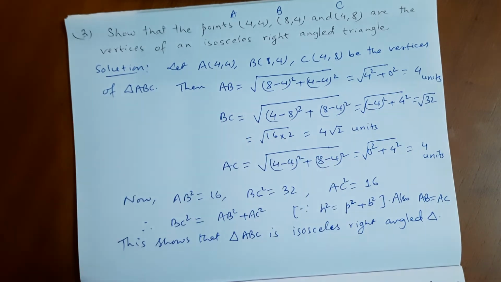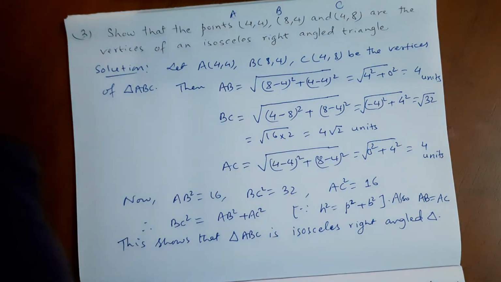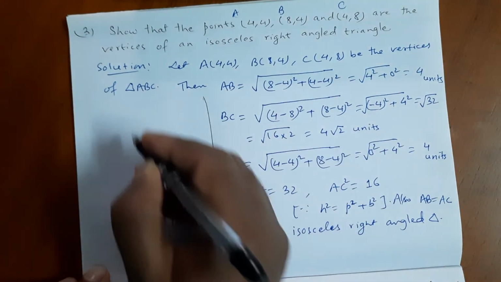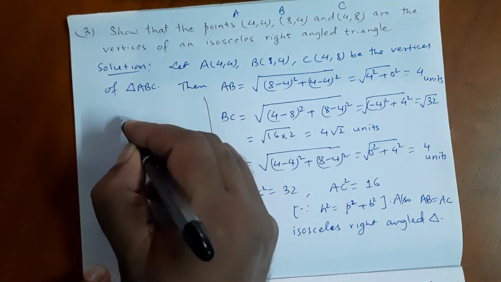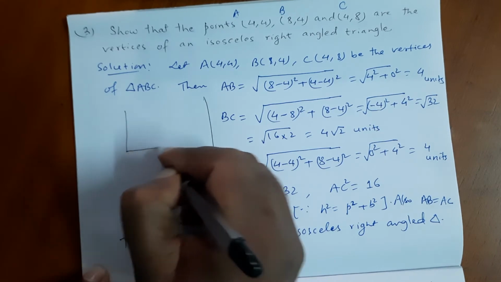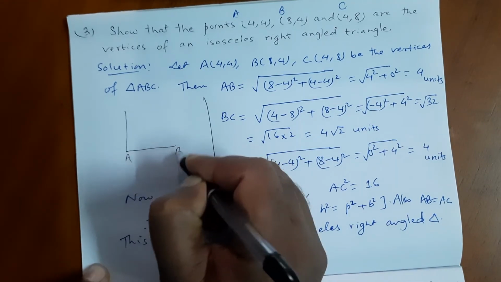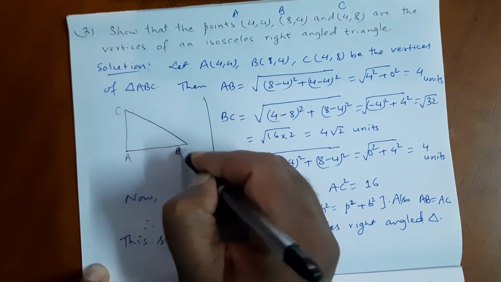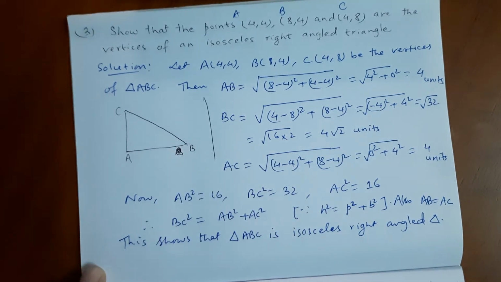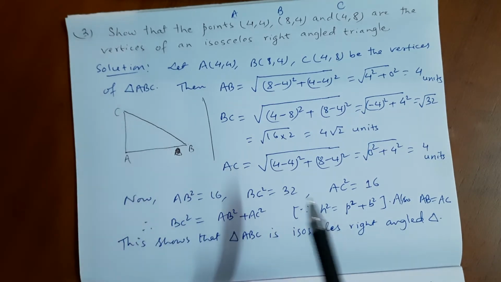If you draw the figure for this, here AB square plus AC square equals BC square.